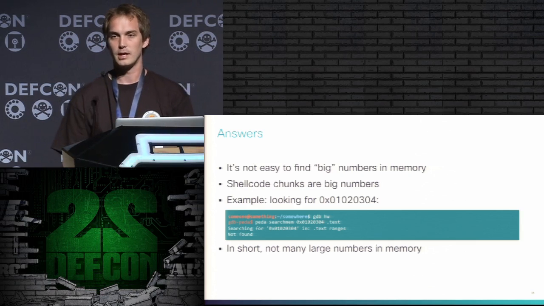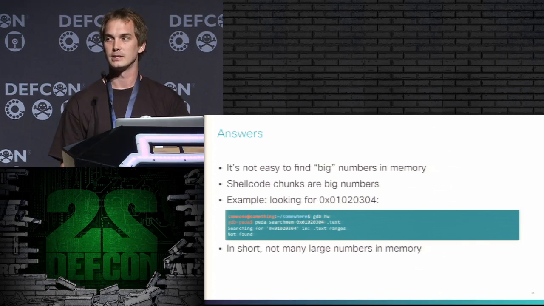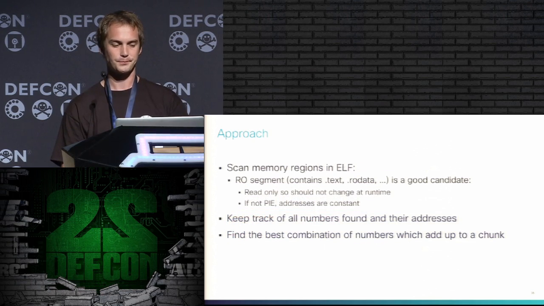I had to look at a bunch of programs, and they're basically not really there. Here I put a small example of looking for 01, 02, 03, 04 in GDB, and it just doesn't yield anything. If you look at multiple programs and search for those numbers, they're not really there. So I had to find a different approach.